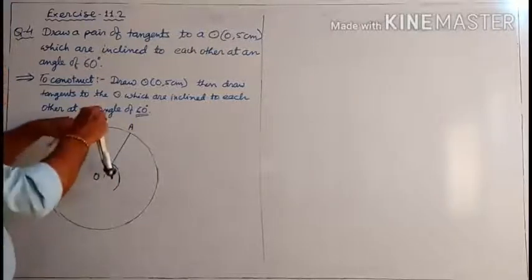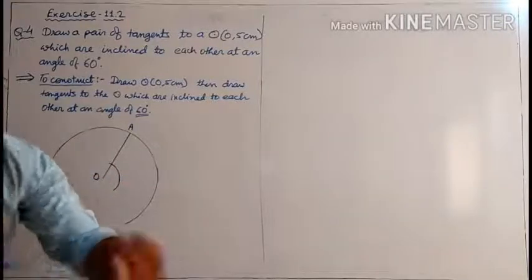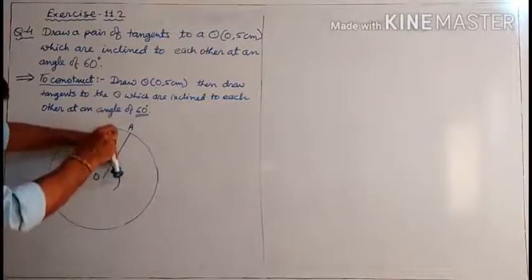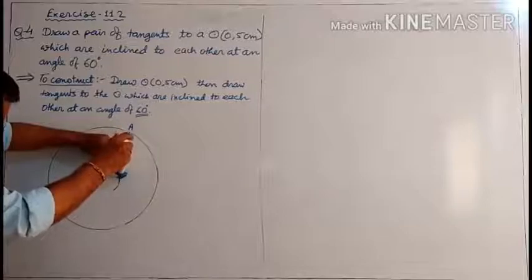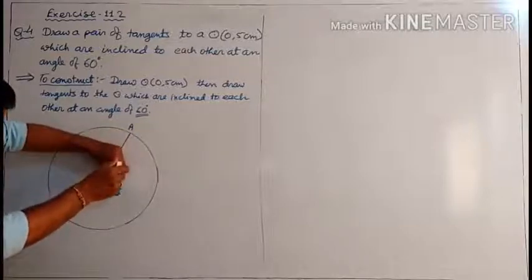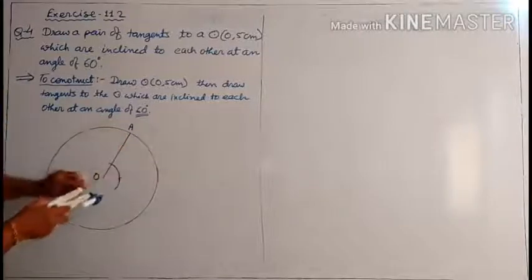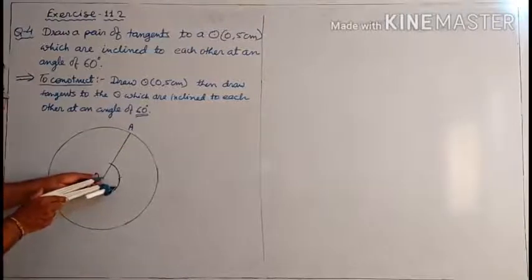Now taking this point as a center, 60 degrees and then 120 degrees. Taking this point as a center, this arc, and then taking this point as a center. So still we need an arc here.